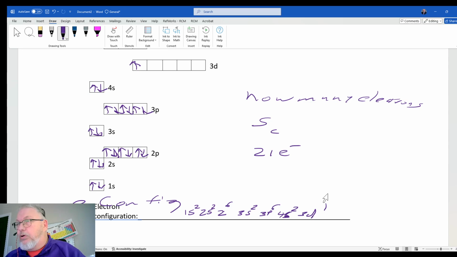Blue has more energy than red. So if you got a blue flame and something has a red flame, then there's more distance for the blue one to fall. It puts out more energy.